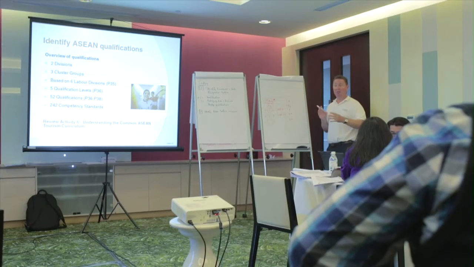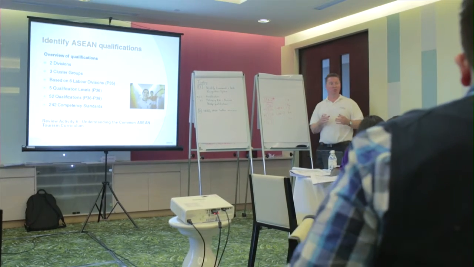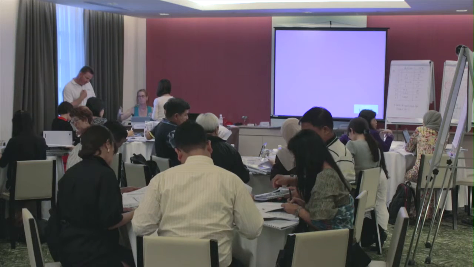So the toolboxes that are applied specifically to that qualification and that skill set as well. We were given a set of core and generic competencies, which form the foundation of each qualification.